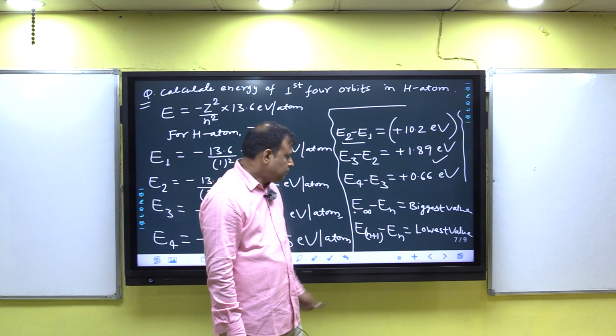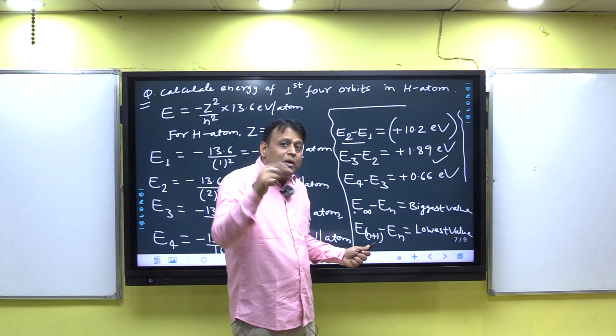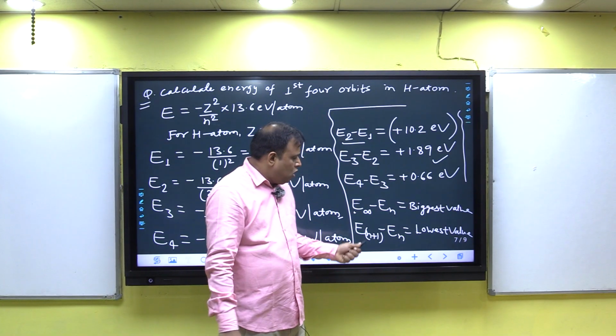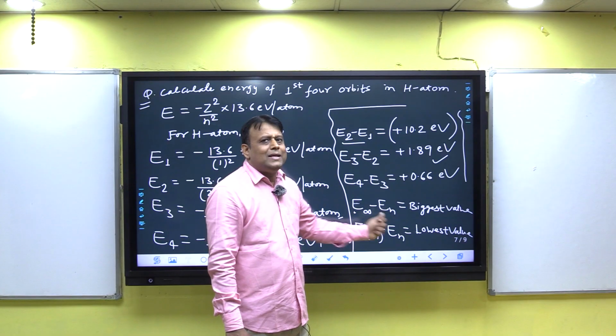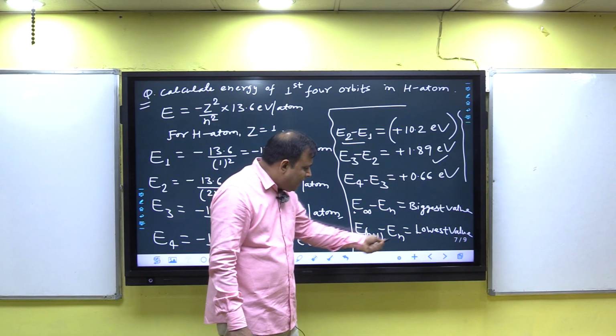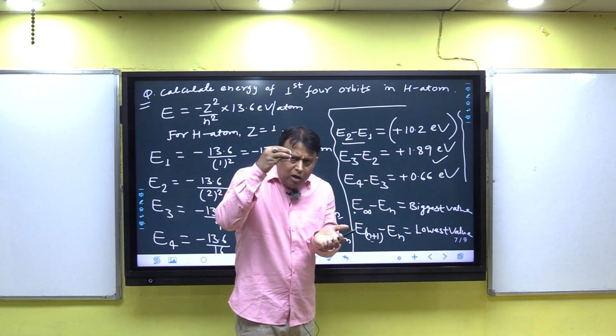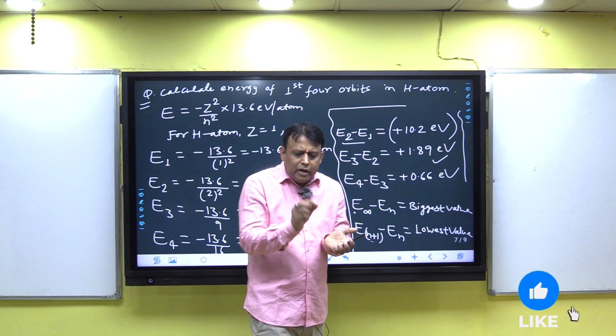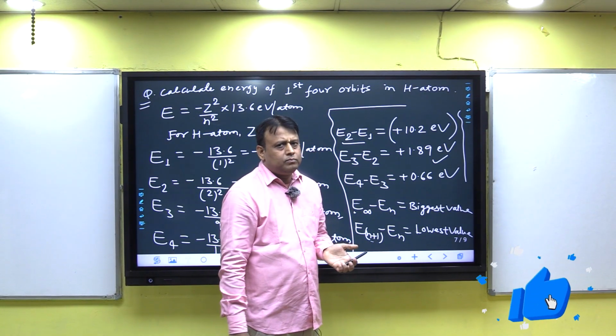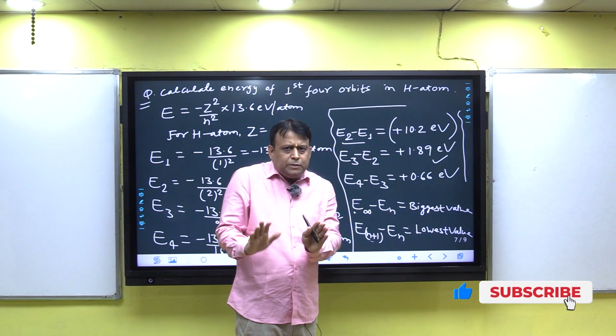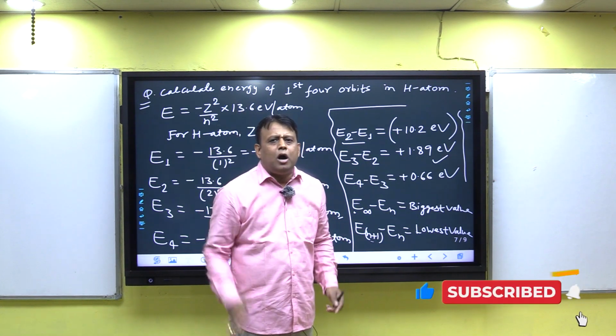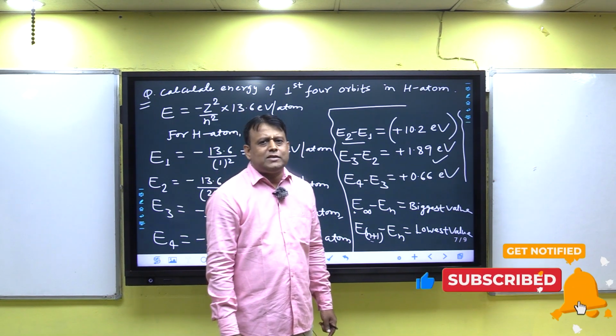Now, what will be the lowest value in energy change? It is En plus 1 minus En. That means for the hydrogen atom, E2 minus E1 will be the lowest energy change of the electron for the first orbit.